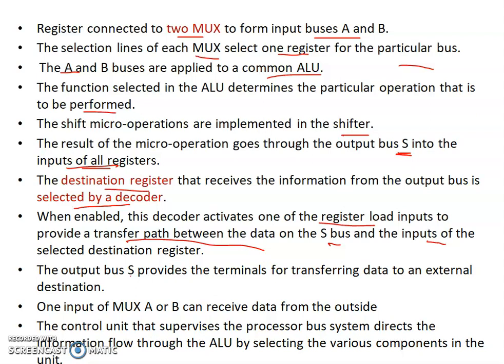The output bus S also provides the terminals for transferring the data to an external destination. The output bus S stores the current final output, and it will be loaded to the target register.